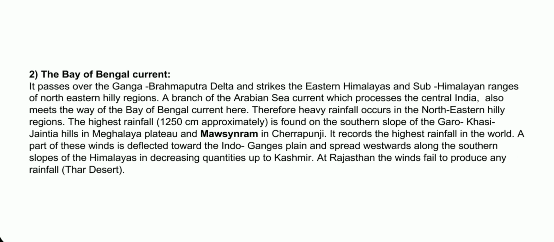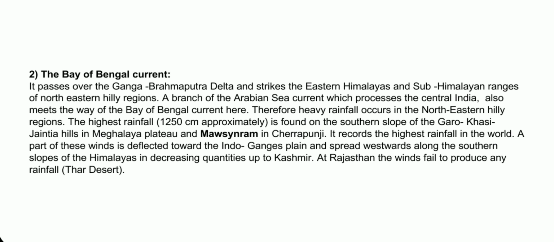Number 2, the Bay of Bengal current. It passes over the Ganga-Brahmaputra delta and strikes the eastern Himalaya and sub-Himalayan ranges of the northeastern hill region. A branch of the Arabian Sea current which passes over central India also meets the Bay of Bengal current here.